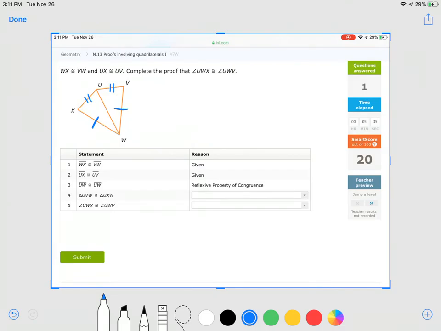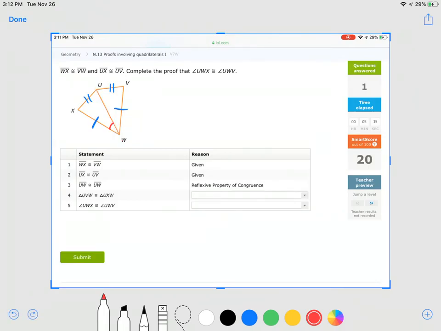And it wants us to prove that UWX is congruent to UWV. Okay, so I don't remember using this fact in any of the other sections that we did to solve any problems. But it seems like this diagonal here, they're saying it bisects angle W into those two smaller halves, red half angles.